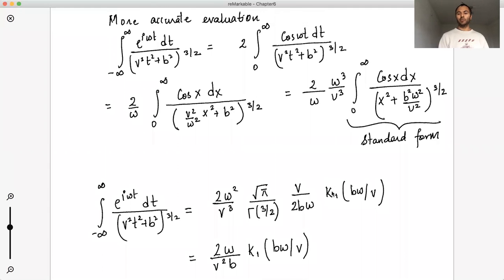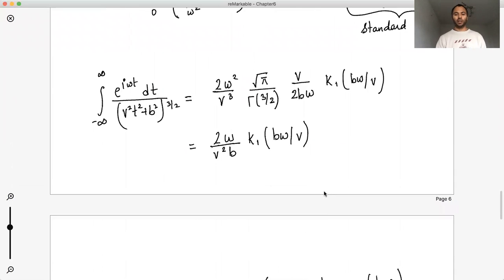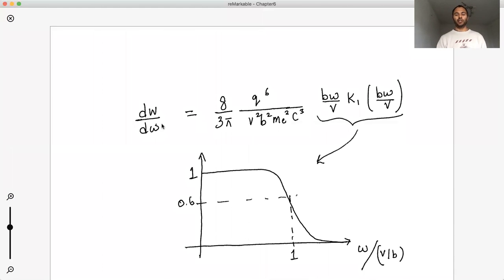Now, if you remember, I of 1 would be the modified Bessel function of the first kind, and those are exponentially increasing functions of their argument, and the ones of the second kind are exponentially decaying functions of their argument. Okay, so you can plug all of that together, and then instead of a low and high frequency limit, you just get a smooth function. The argument here is the same as the factor outside.